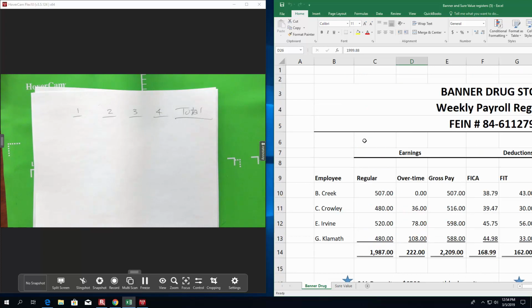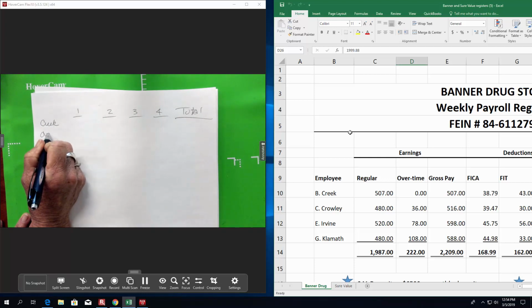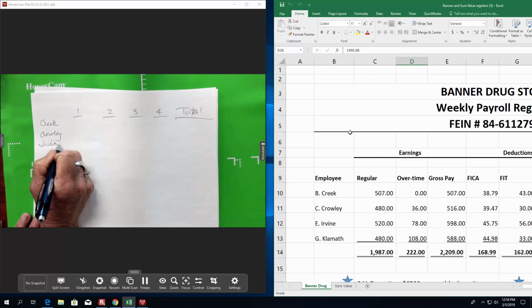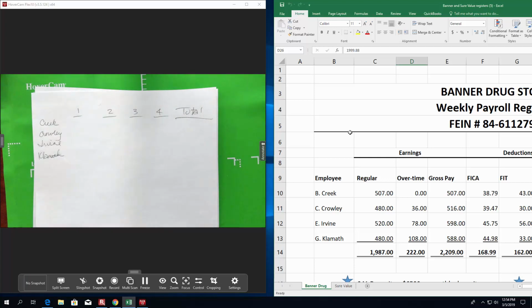So what I want you to do is fill in how much they made per quarter, gross wages. I don't need all the rest of the spreadsheet.